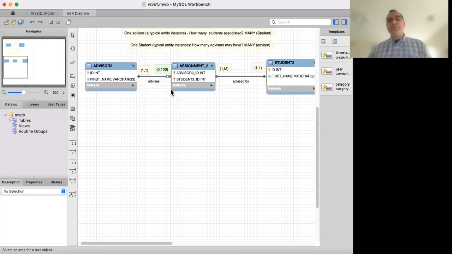Some people may put them in between square brackets or other types of notation. Doesn't matter. Important is to have these two numbers on the diagram above that particular right end of the relationship, because this is the cardinality of assignment in the advises relationship. So I need to put the cardinality near assignment.